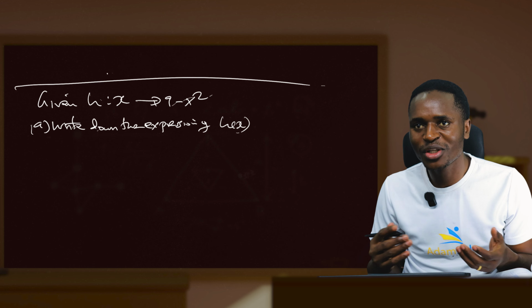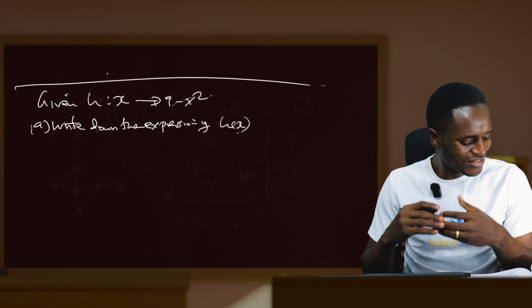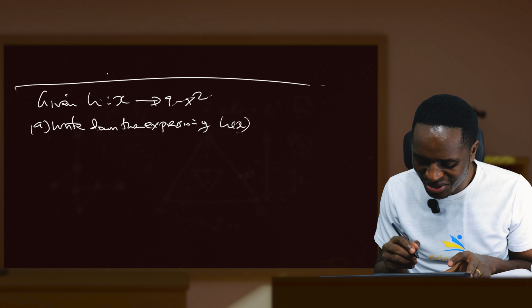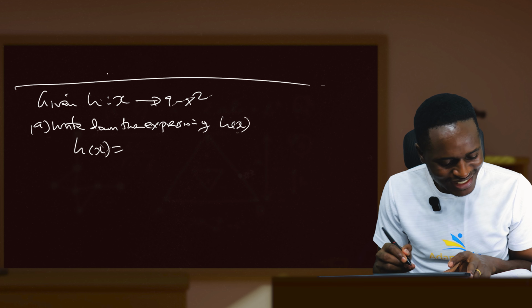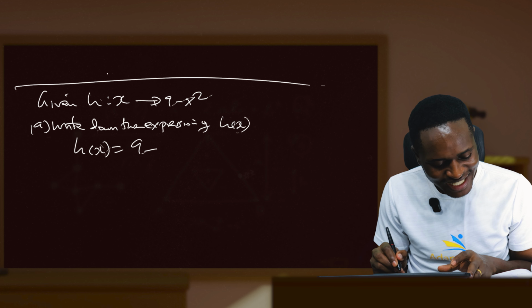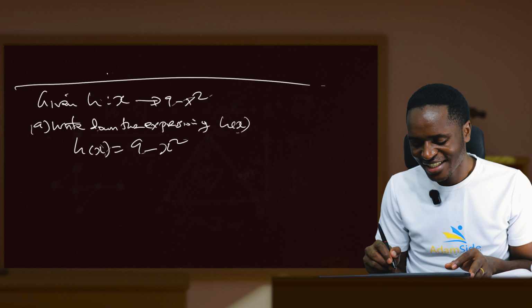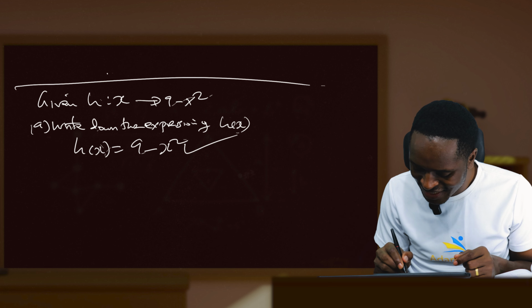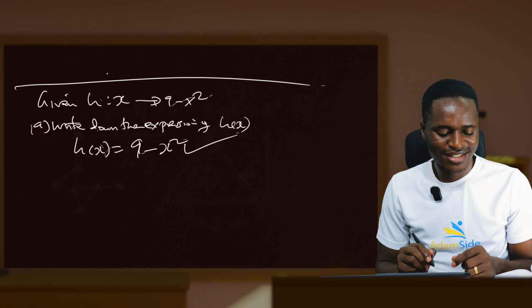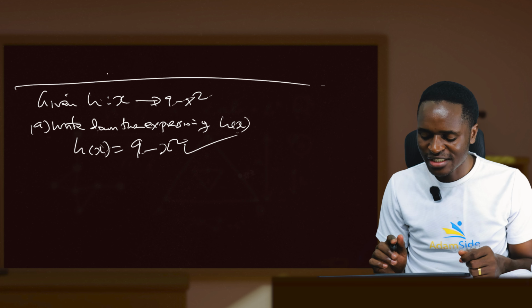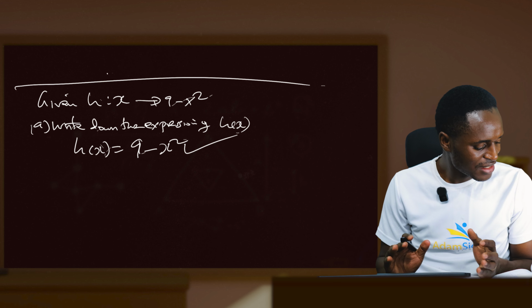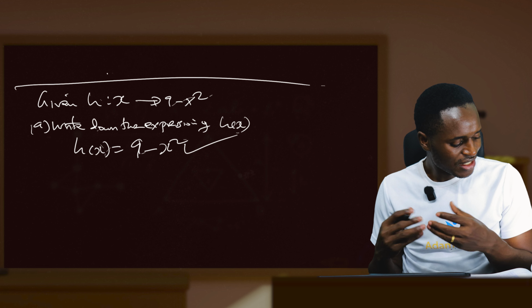We know an expression, we know an equation. Expression of h of x, you just say h of x is equal to 9 minus x squared. This is what they want. That's our algebraic equation. Very good.